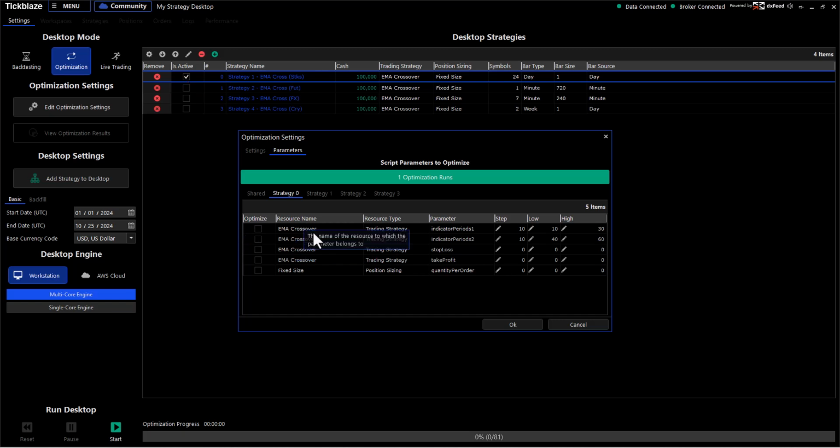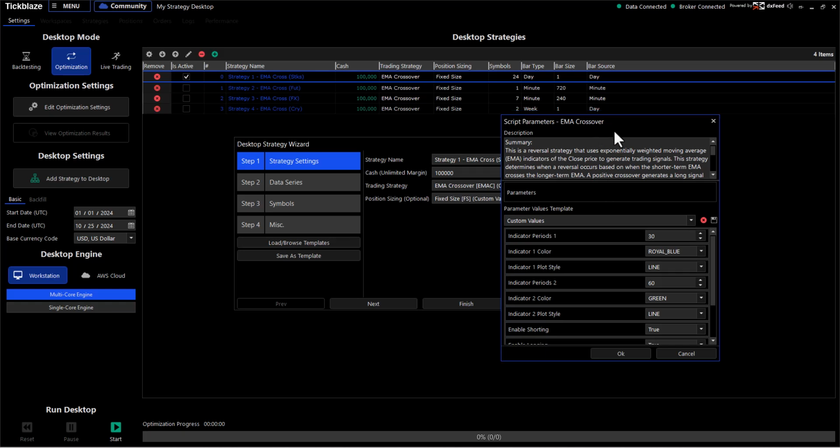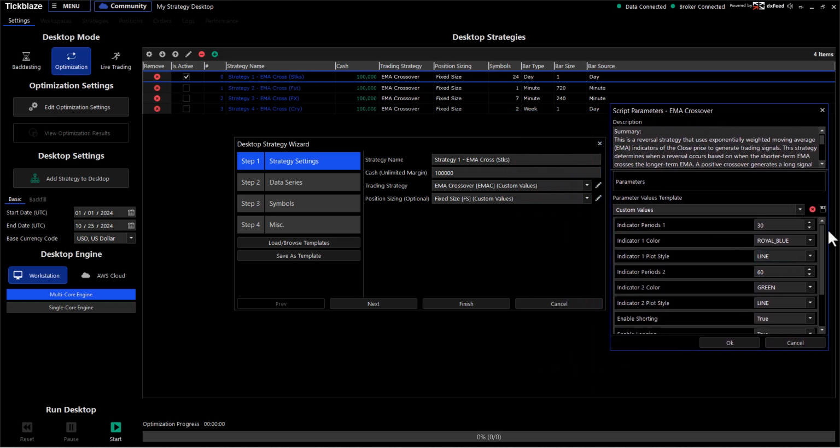And you'll notice here that there's a few things I could optimize for. All of the variables inside of this window are actually what's inside the strategy script. So before I go any further, I'm going to double click so you can verify that. When you go into the strategy parameters, these are all the scripts. So maybe you're a developer and you code your own strategy, or maybe you've purchased a strategy from somebody else and they have a whole lot of different variables in here.